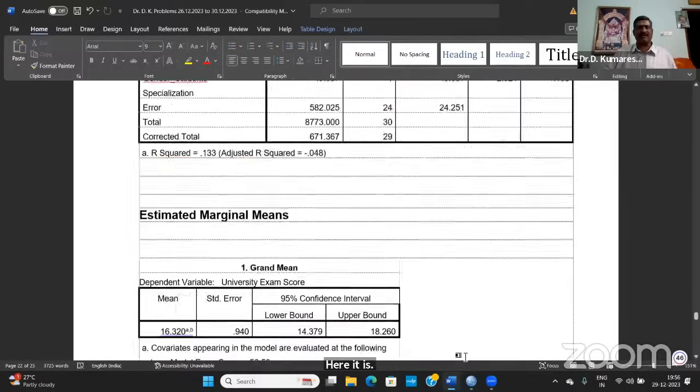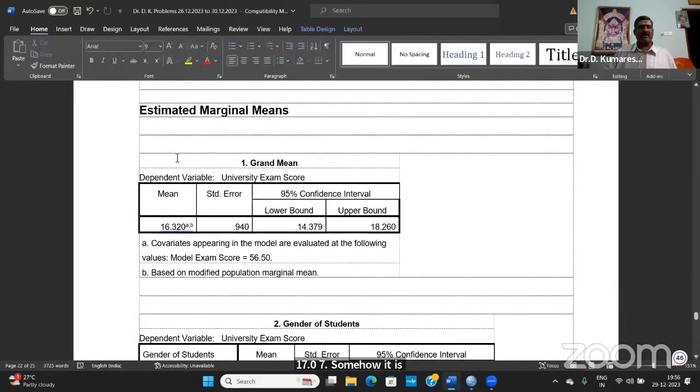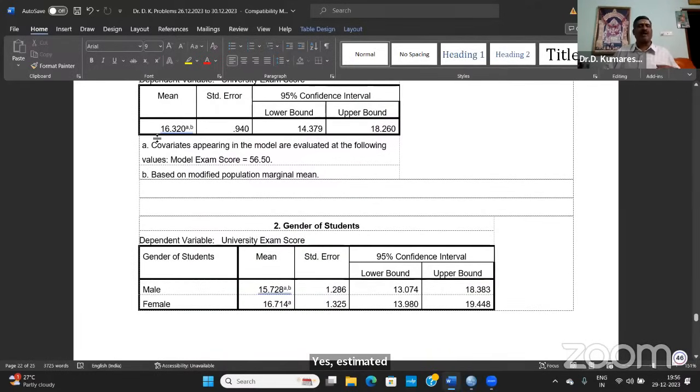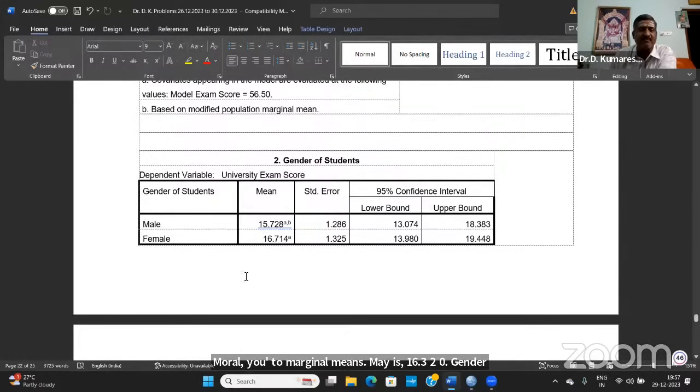Somehow it is different. That is why here it is given as estimated marginal means. Overall estimated marginal mean is 16.320. Gender wise, male 15.728 and female 16.714.